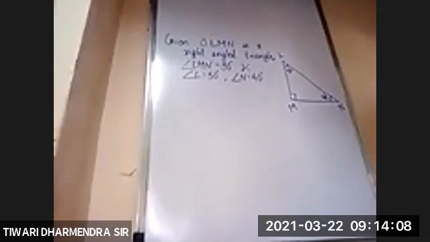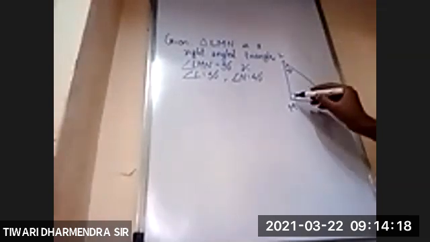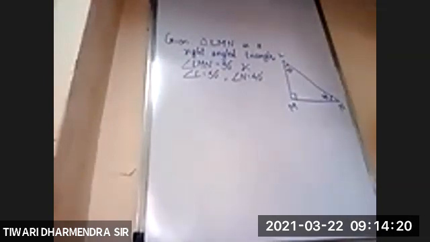And you can see the sum of measure of all angles of a triangle. The basic idea behind this is to make you understand that if one is 90, then the remaining two angles will also sum to 90 degree. As you can see, 50 plus 40 is 90.